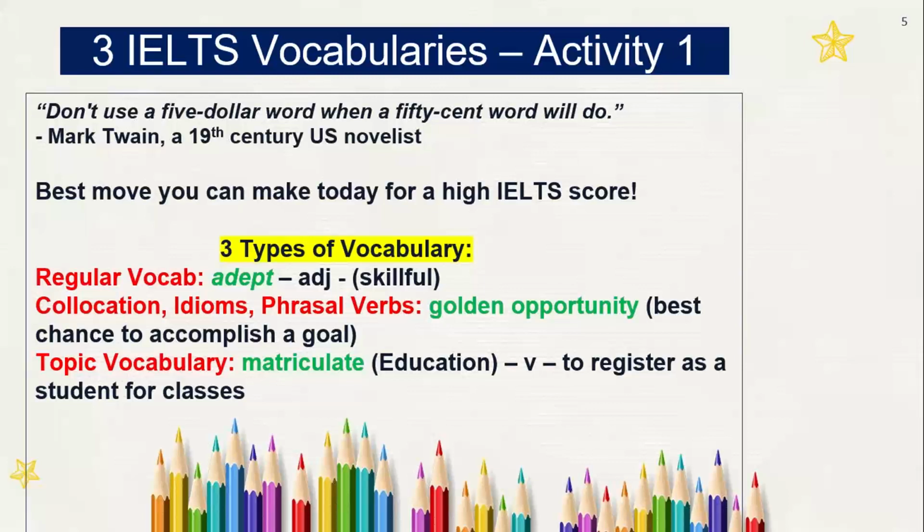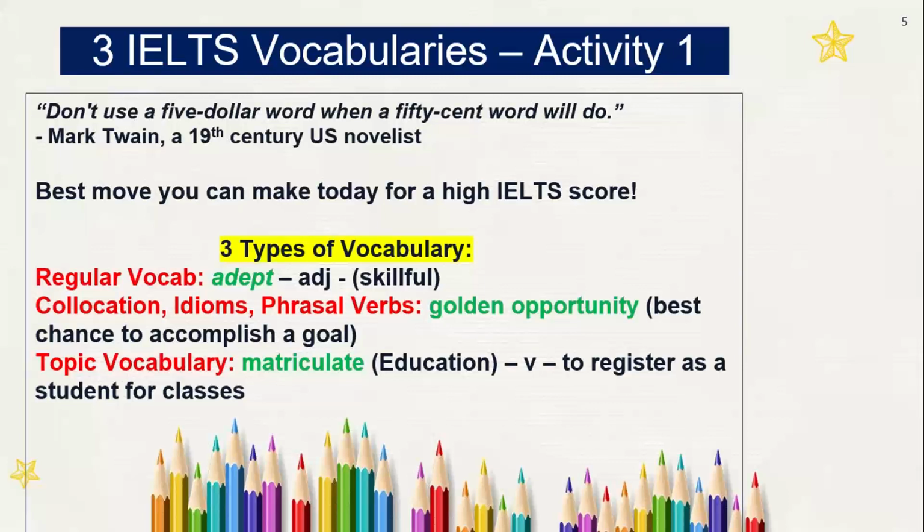For example, regular vocabulary like the word adept, right, which means skillful. Or collocations, idioms, and phrasal verbs like golden opportunity, one of the color idioms, for the best chance to accomplish a goal. And finally, topic vocabulary. As you know, there are certain topics on the IELTS test which they favor. And one of those is education.